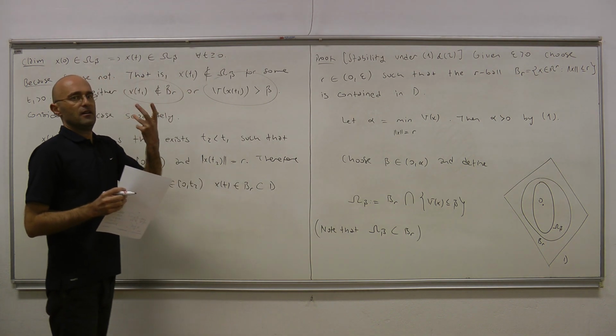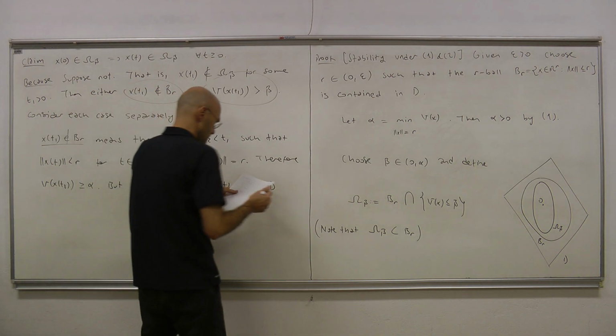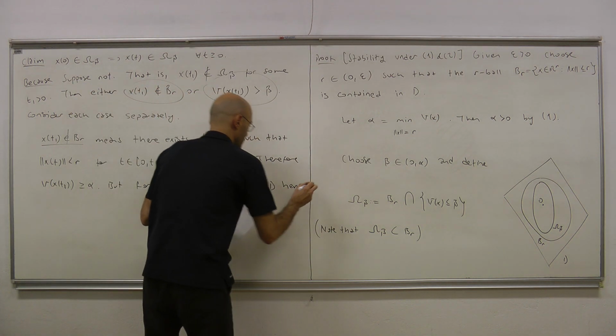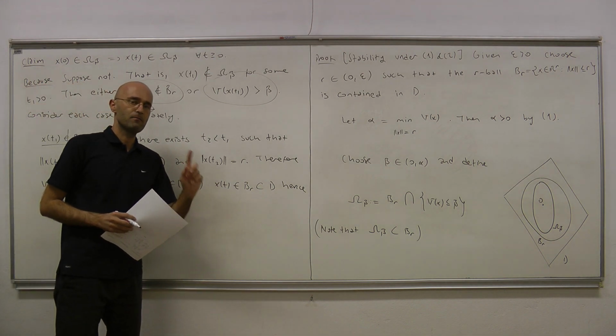That is, the time derivative is never positive. Hence, V dot is less than or equal to 0 by condition 2.